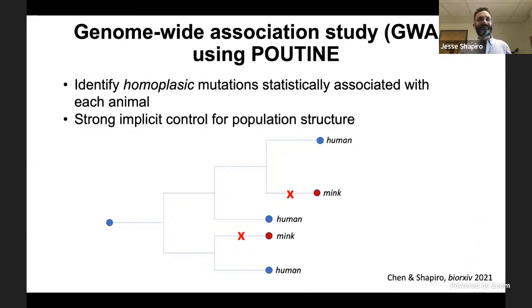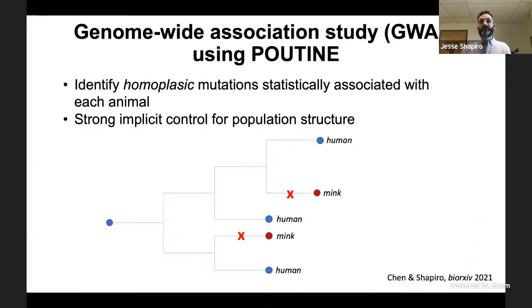So what this method does conceptually is it focuses only on homoplasic mutations. Homoplasic mutations are illustrated in this tree by the X's. These are mutations that happen multiple times independently in the tree. This is important because those are statistically independent events. If you have a mutation that only occurs once in the tree, even if it then spreads through a lineage, those are not independent samples. So this method is doing a strong control for population structure. You're controlling for the clonal tree structure, and you're looking just for these homoplasic mutations, which are independent mutations.